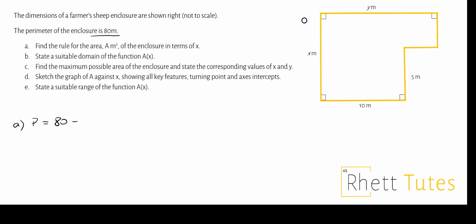80, which is equal to, now I simply add up all of the side lengths. You'll note over here that the length of this side here is going to be x minus 5 meters, and this side length is going to be y minus 10.